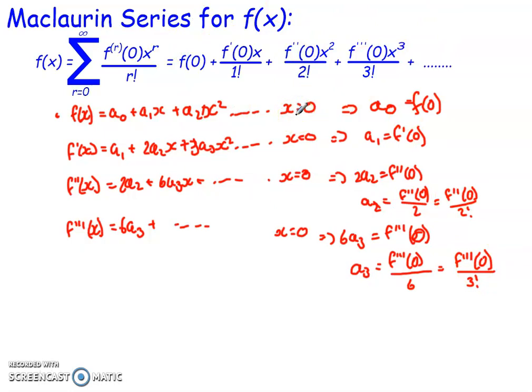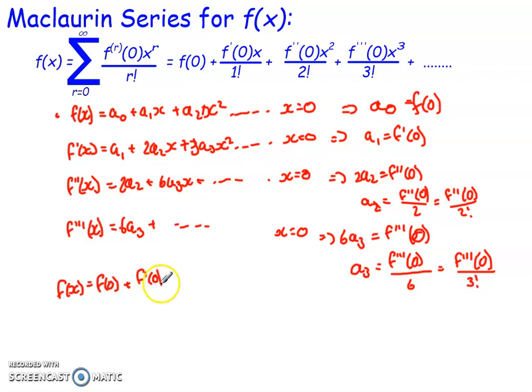And if we take our generic power series, which we had at f of x, and substitute everything in for it, what we then find is that we could write f of x as f of 0 plus f dashed of 0.